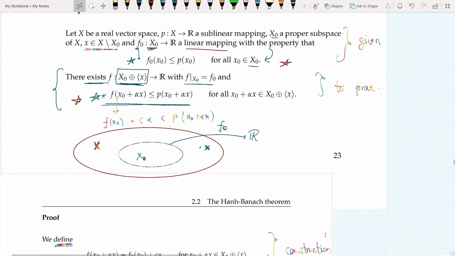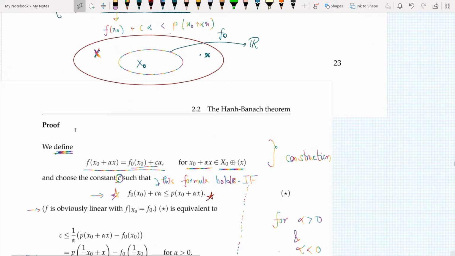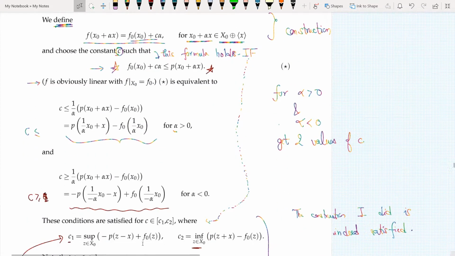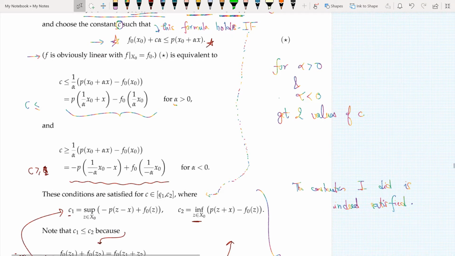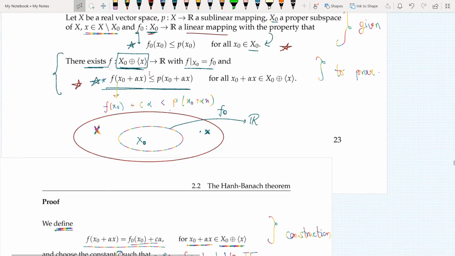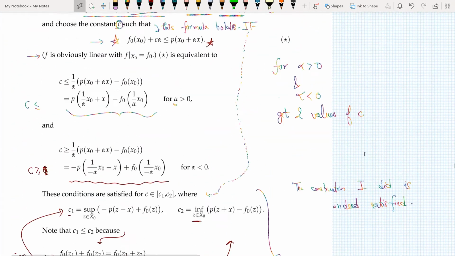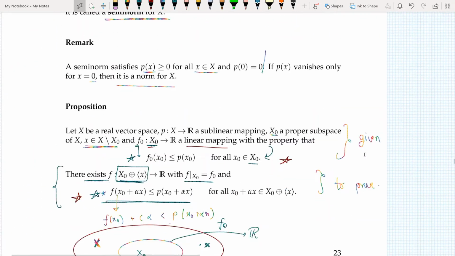And the way I did it is I defined this formula and I chose the value of c such that these two conditions are satisfied, and hence I have a functional f which is defined from this space to the space of real numbers and satisfies this formula. And what is special about this whole proposition?